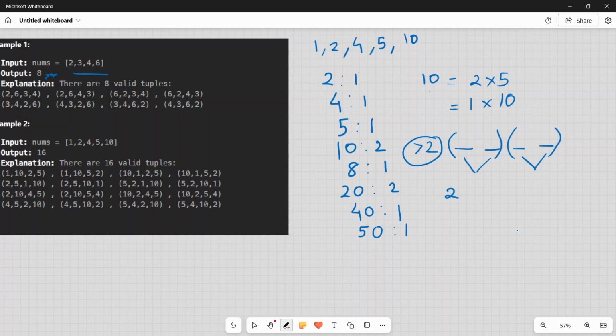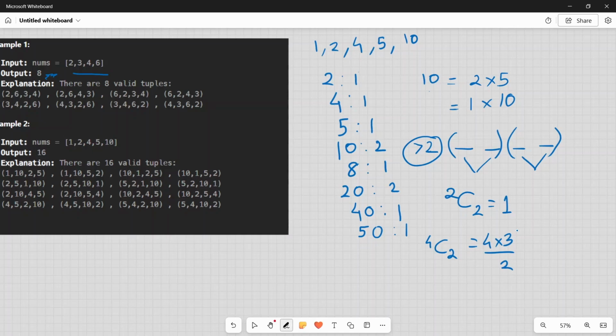So we have to find the combinations of these many pairs. So we have 2C2, which is 1, and if we have a product which had four pairs, we'll have 4C2, which is equal to 4 times 3 divided by 2, right? So this is how many different combinations that product will contribute.